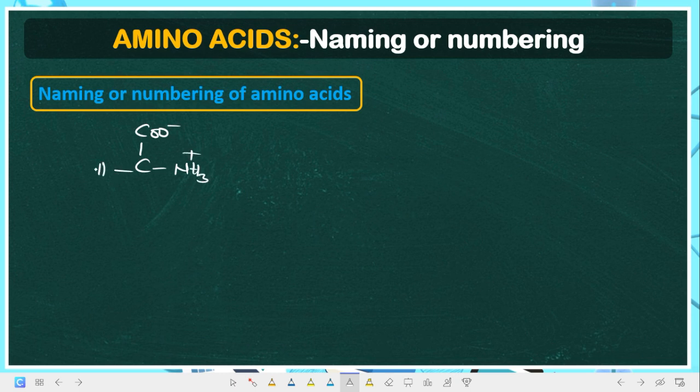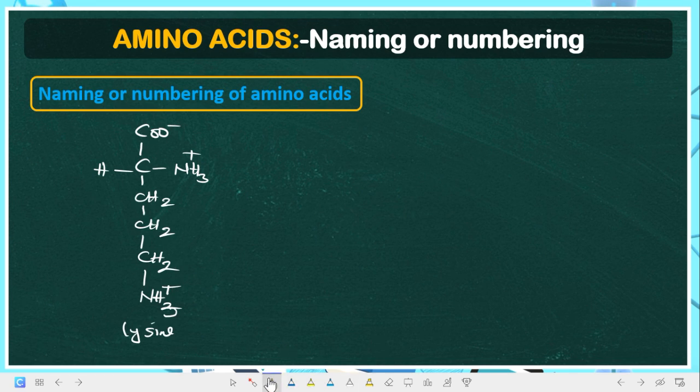Here is H. Then we have CH2, CH2, CH2, and then we have NH2, or when it becomes ionized, it becomes NH3 positive. Now, if this is lysine as an amino acid, how do we number them?